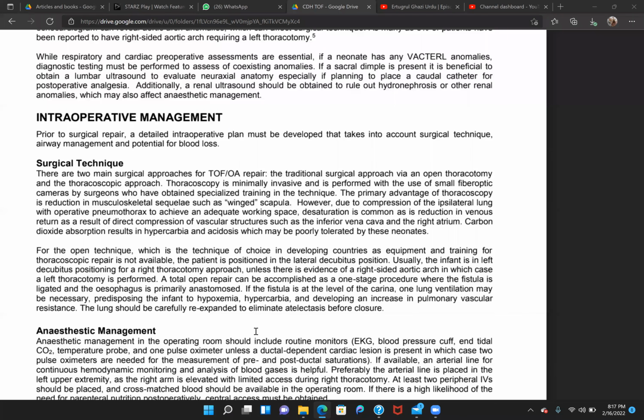The middle 1/3 of the esophagus is a better one. What is the most accurate one? The most accurate one is through the pulmonary artery catheter.